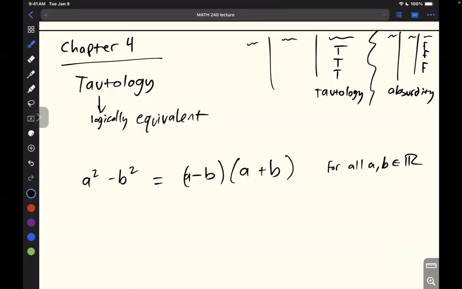These two expressions, so this expression and this expression, they're logically equivalent. And so we can go between one and the other and know that it's going to give us the same information. So if we have a value for A and B over here, the truth value for that, the other side is also going to hold.